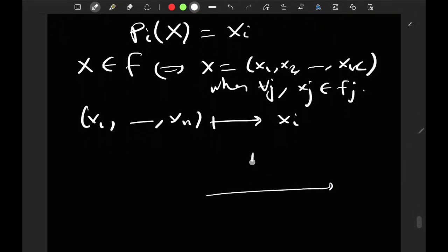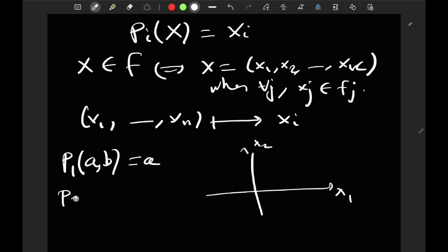So for example, if you are inside R^2, how does this projection map look? Instead of calling them x and y, let's call them x_1 and x_2. Then your map P is given by P_1 of (a, b) is just a, and P_2 of (a, b) is just b.